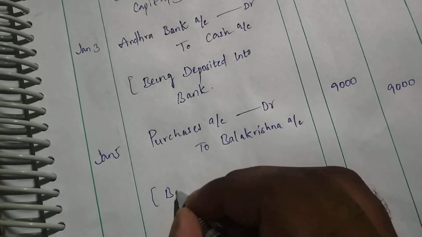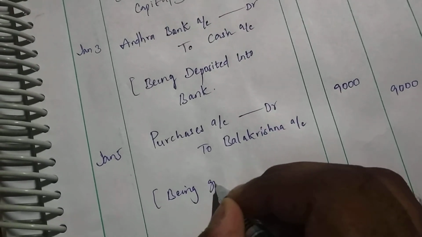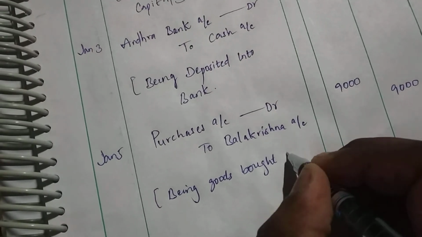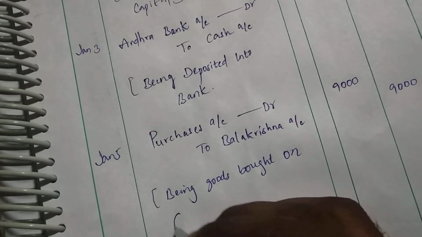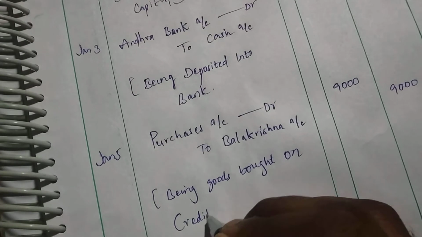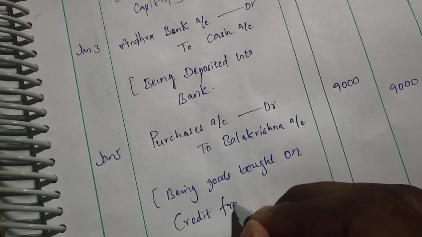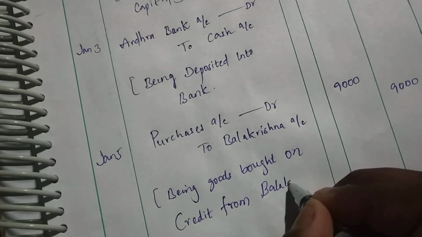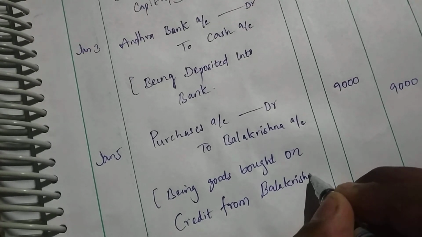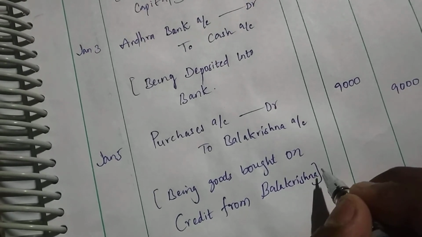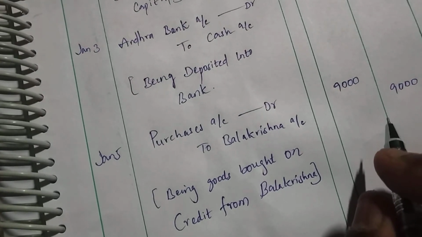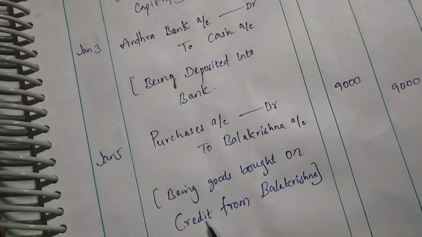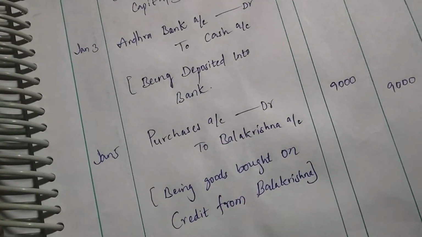Being goods bought on credit from Balakrishna. Okay. Next transaction.